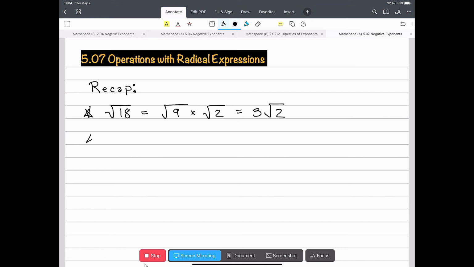We also learned back in school that if I multiply a square root by itself, such as the square root of 2 times the square root of 2, I end up with the radicand as the answer. This is the same as if I did the square root of 2 to the second power.